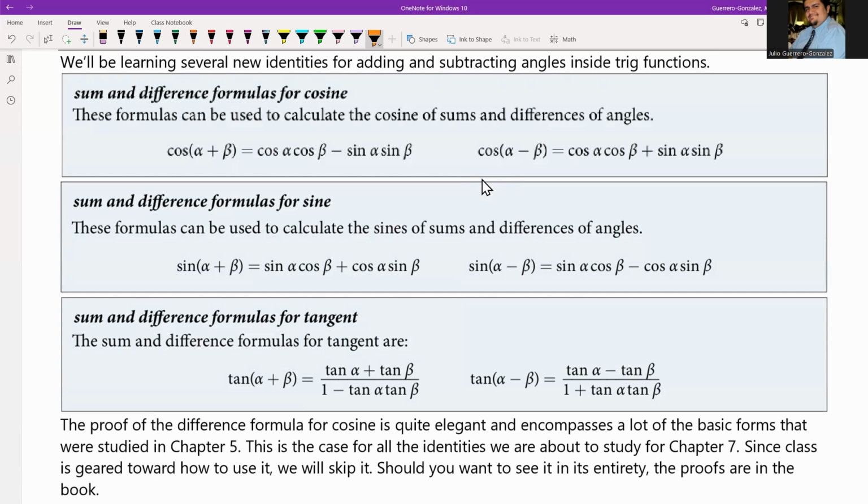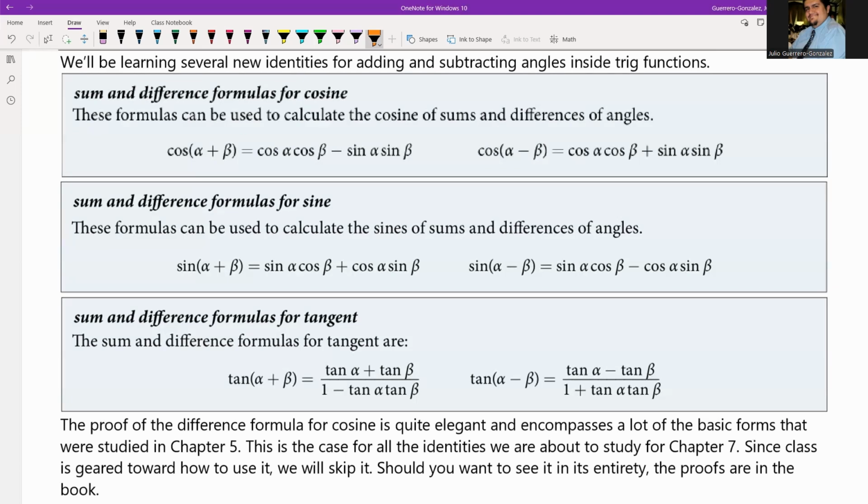If you do want to know, the proof is in chapter 7, I believe. I'm not going to concentrate on that. I'm more worried about you being able to use these for applicational purposes. If you do want to find out the proof, like I said, chapter 7, and if that's the case, you're probably going to be studying math for the rest of your life.